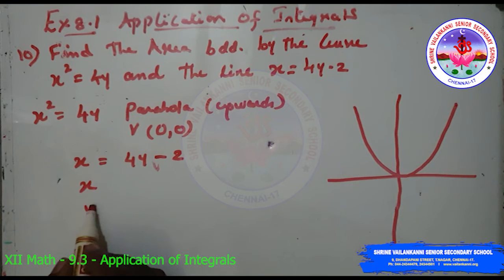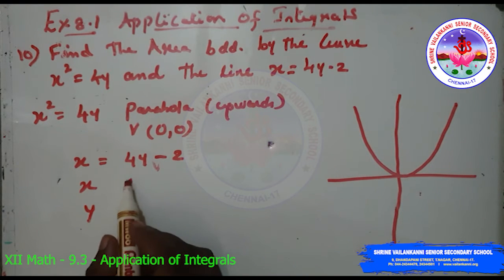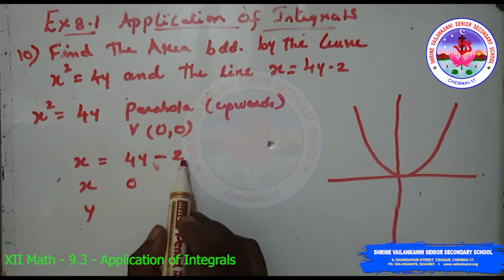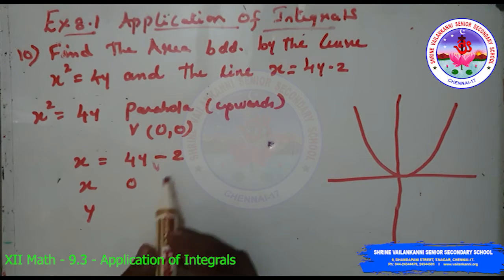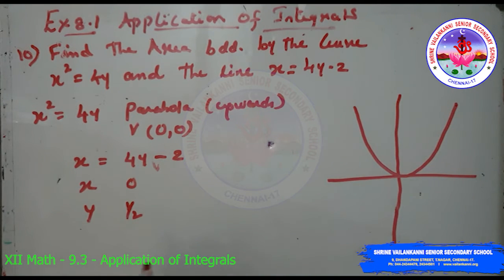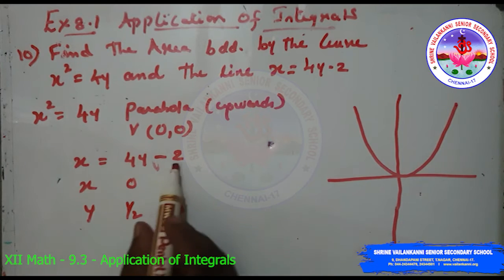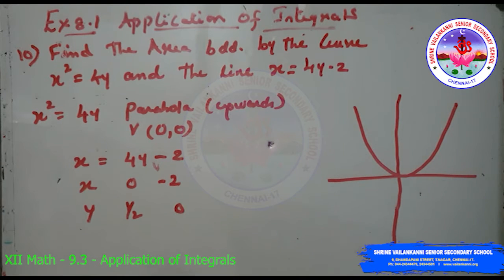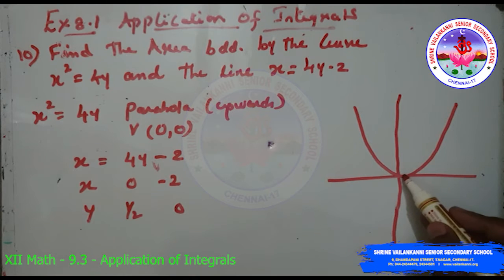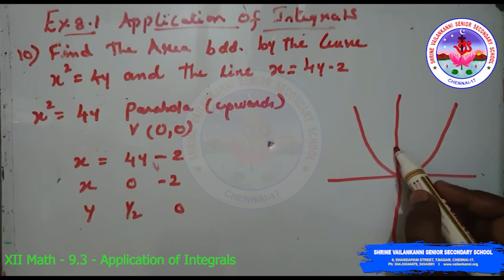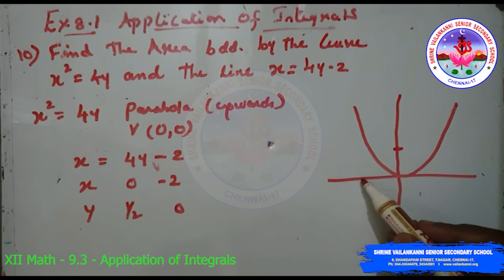So when x is 0, we get 4y equal to 2, so y equal to 2 by 4, y equal to half. Then when y is 0, we get x is equal to minus 2. So when x is 0, y equal to half. When x is minus 2, y is 0.